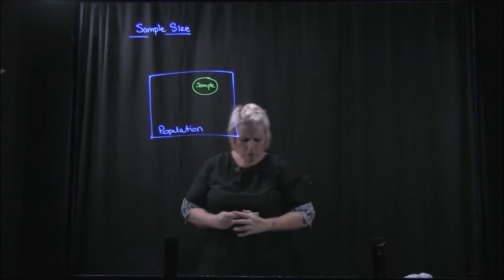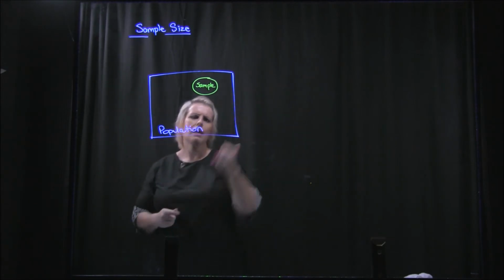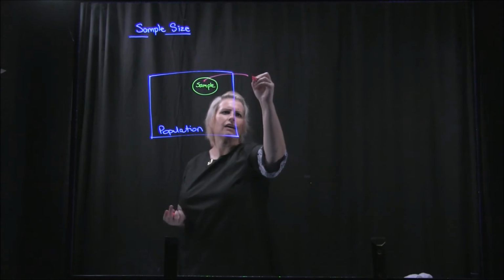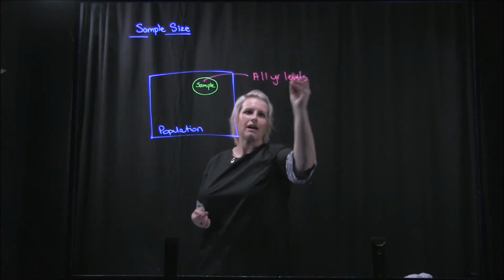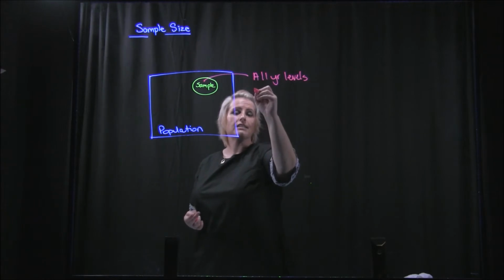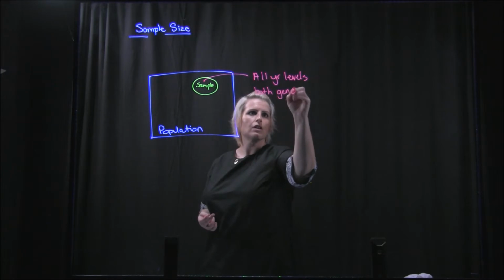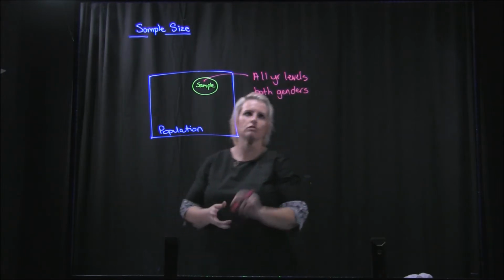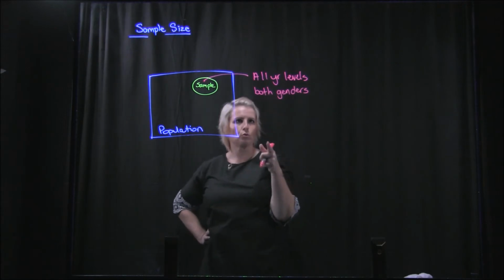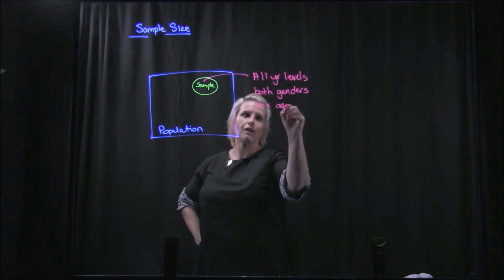Now, if this was everyone at the school, then everyone at the school is the population. For this sample, I would need to have all year levels, and a fairly even amount of all of those. I would need to have both genders. The population is just students, so I want boys, I want girls, I want all year levels. I want a nice mix of ages, because that doesn't always happen.